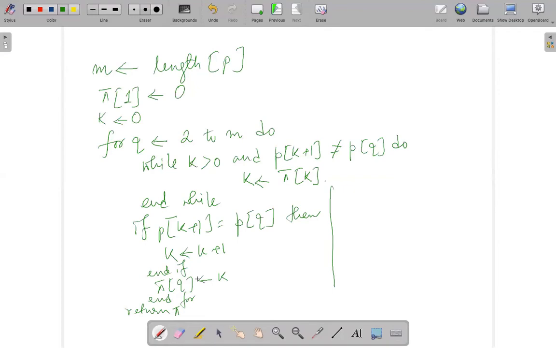The moment there is a mismatch, you get into this particular segment, where you backtrack up to the point where p k plus 1 was equal to p q. You set the value of k back to that prefix function, so that you are at the correct location from where you can again start matching the prefix. And this continues. We will look into an example which will make things much clearer.